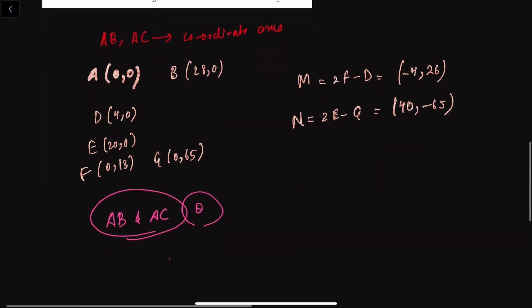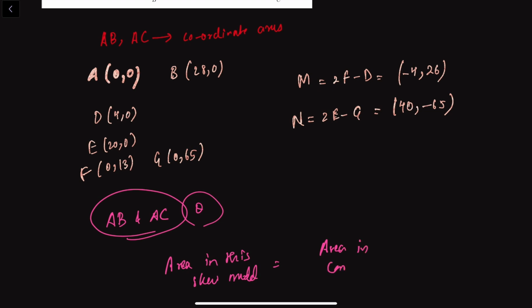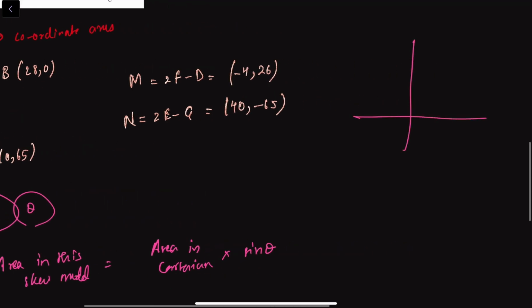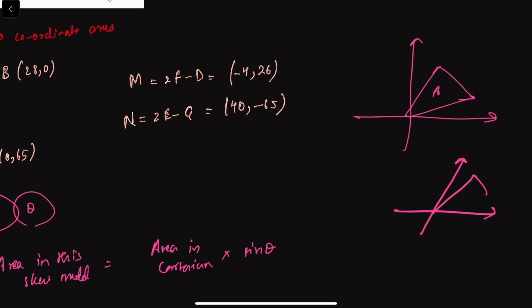The area in this skew model is the area in the Cartesian system times sine theta. Suppose for some coordinates the area is A in the Cartesian system; in the skew system, for the same coordinates, the area would be A sine theta, given the angle between the axes is theta.